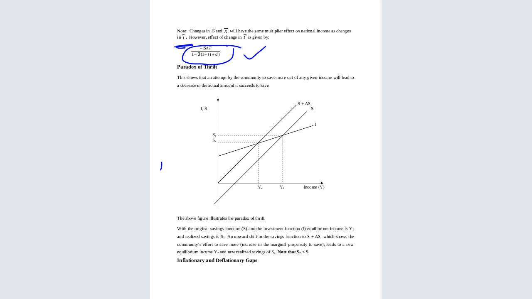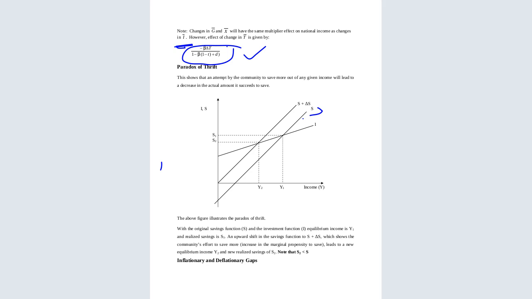The original savings function is S. This is our original savings function. We also have our original investment function. The equilibrium income is Y1.